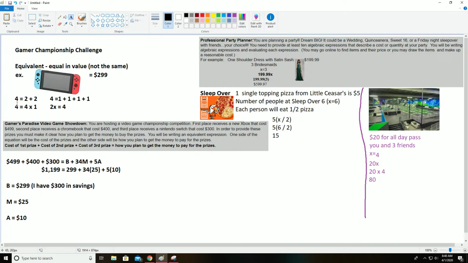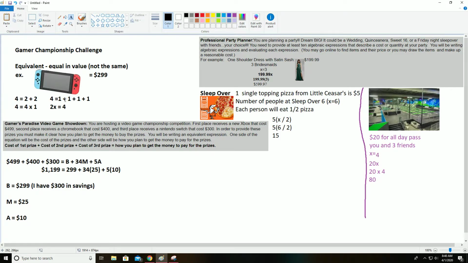In math class, we talk about equivalence more like this though. 4 is equal to 2 plus 2 because if I add 2 plus 2, I'll get 4. Here's another way that 4 can be equivalent. 4 is equal to 4 times 1. Well, yeah, 4 times 1 is 4, so 4 equals 4. On this one, 4 equals 1 plus 1 plus 1 plus 1.